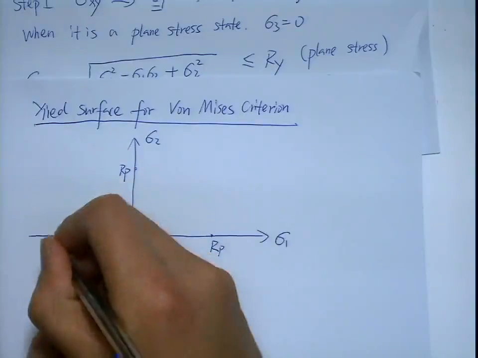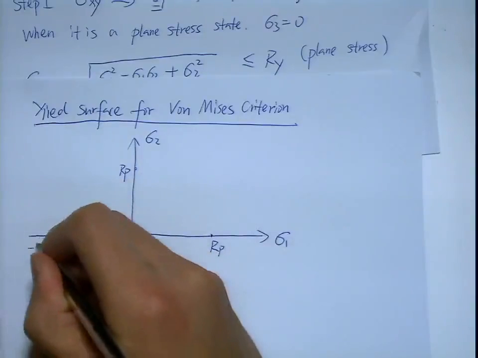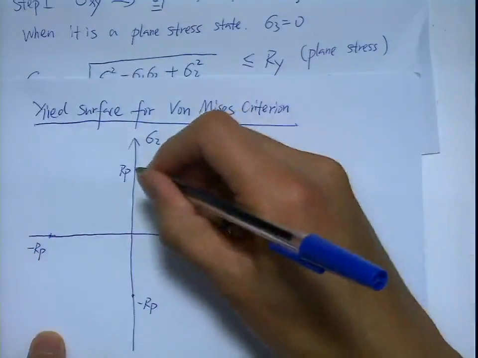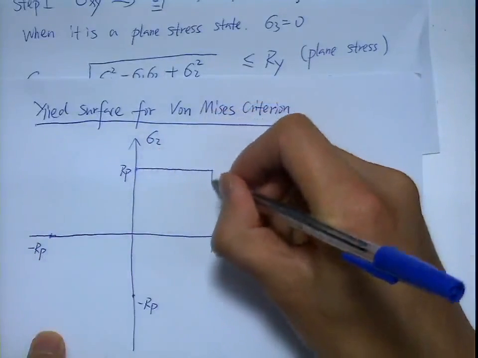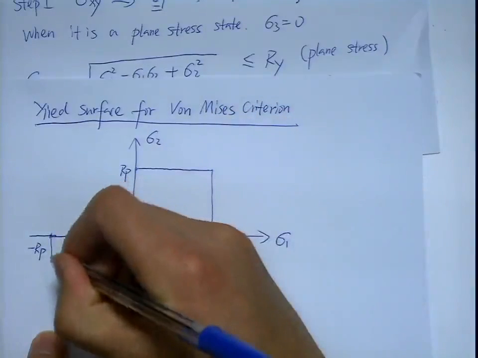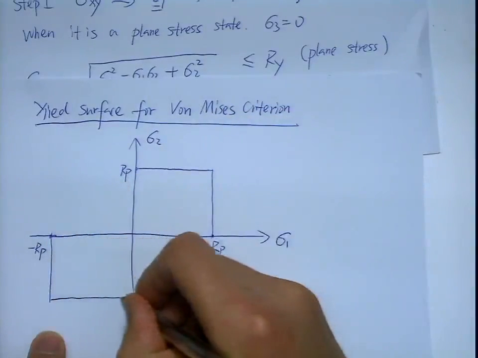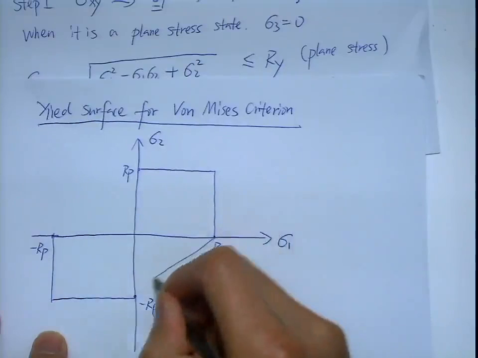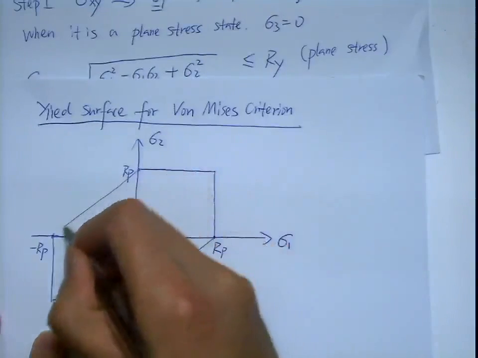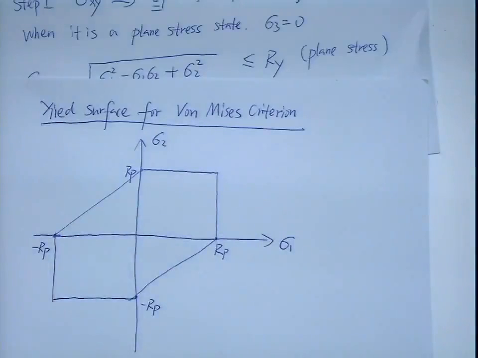The more you draw, the more familiar you are with that. So for the Tresca, you connect this as a square, connect that as a square again, and connect this line and that line.